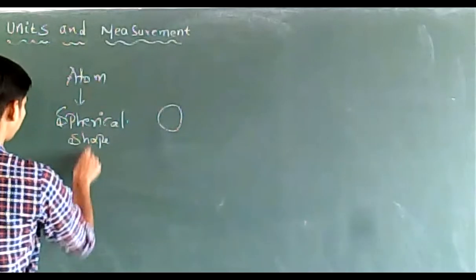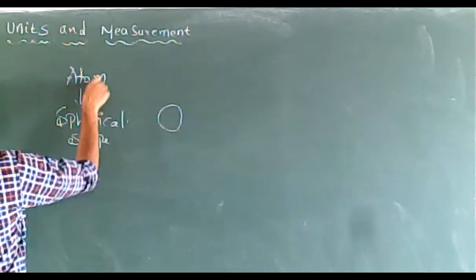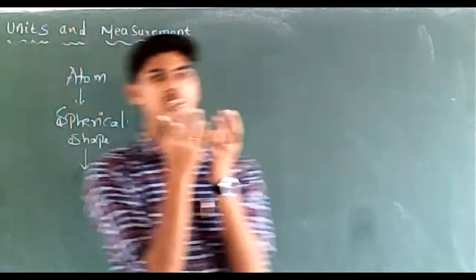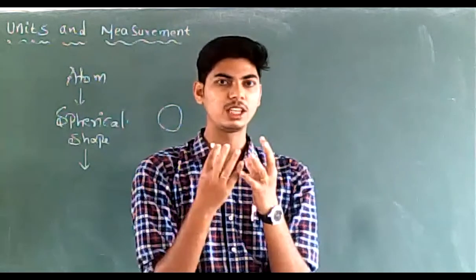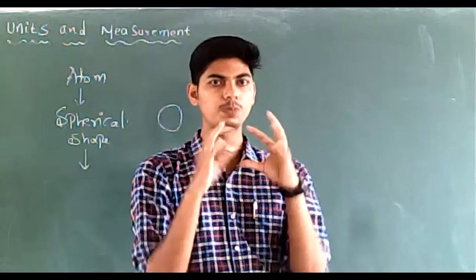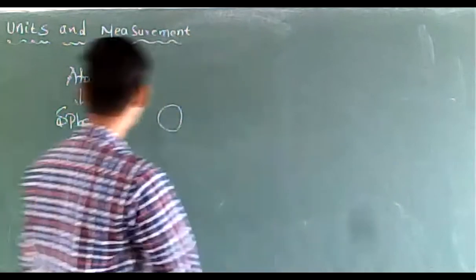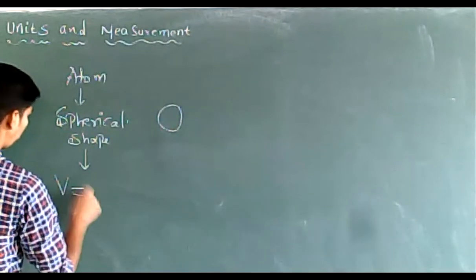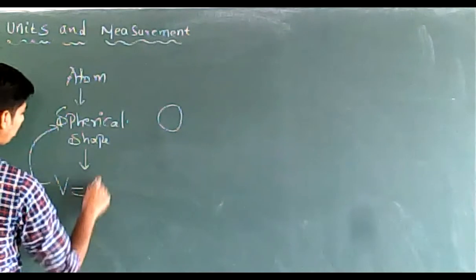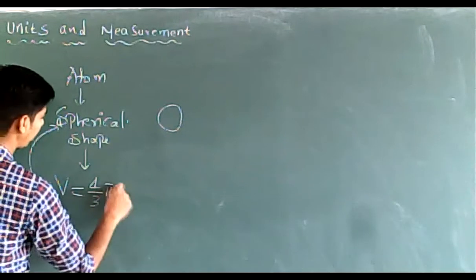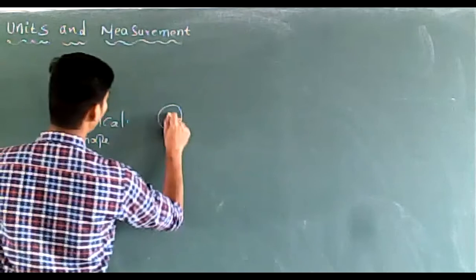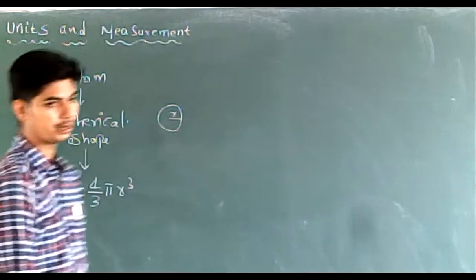When we assume an atom to be spherical in shape, a sphere will have some volume. What is the volume of a sphere? Volume of a sphere is 4 by 3 pi r cube, where r is the radius of that sphere.